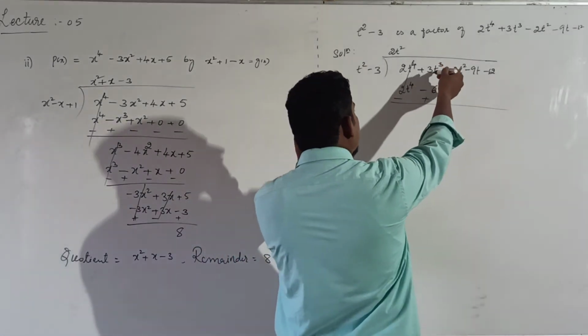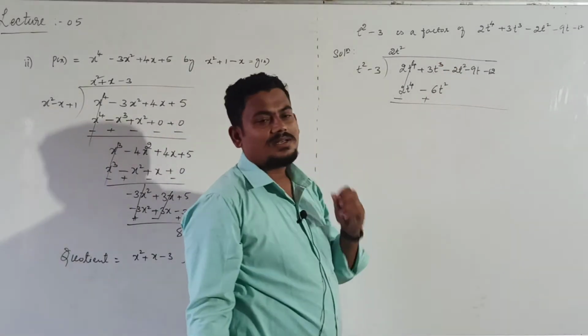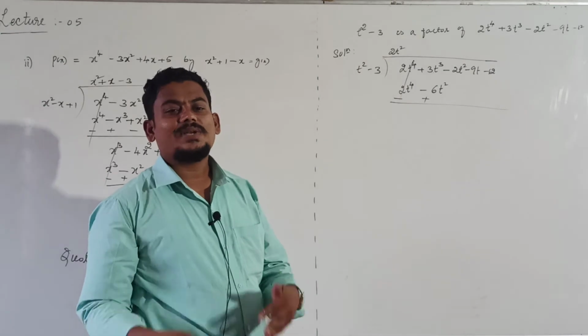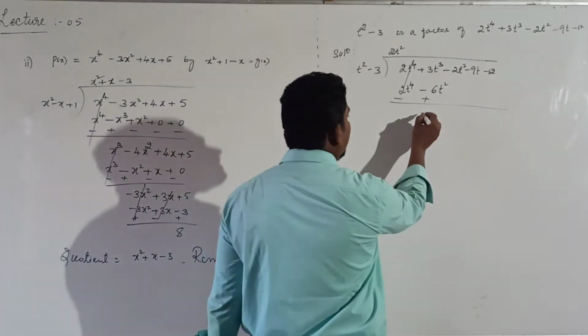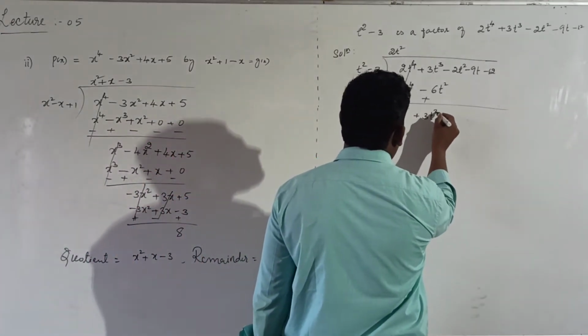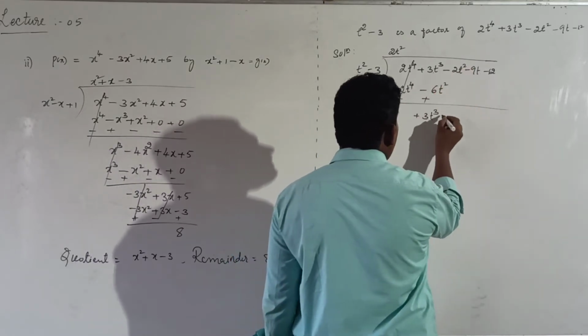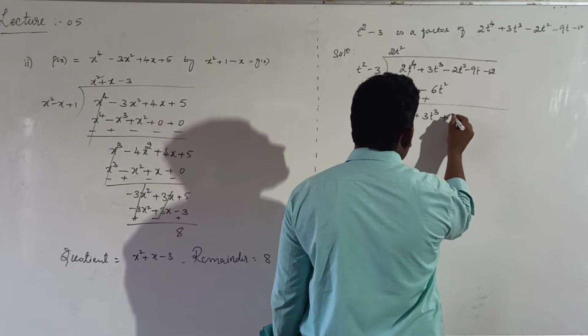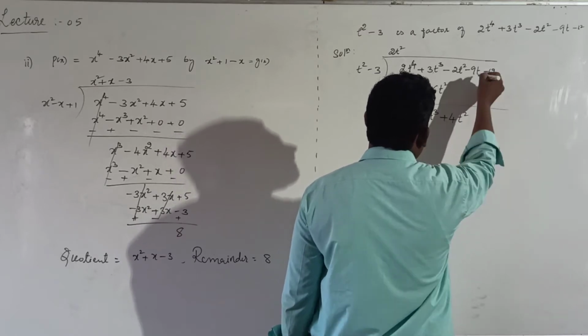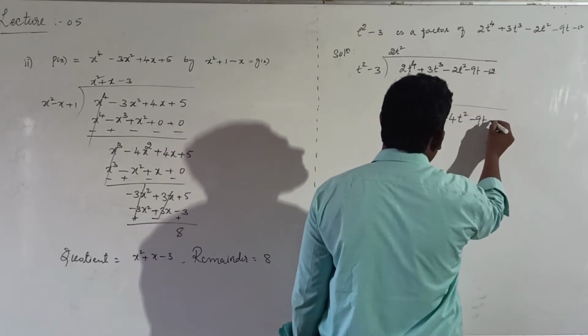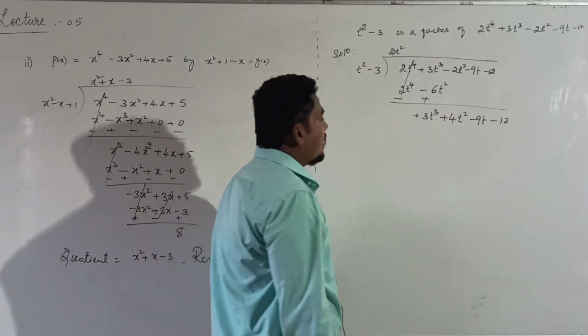Here 3t cube, but in the dividend the t cube term is not there, so directly take 3t cube. Minus 2t square plus 6t square is plus 4t square. After that take minus 9t minus 12 as it is.